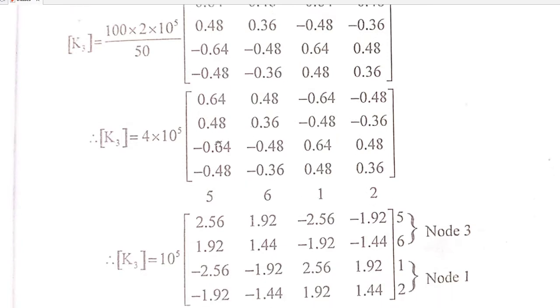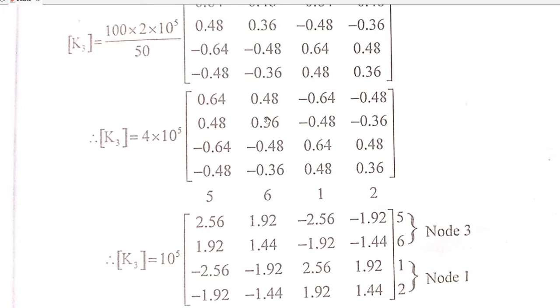Check K3, you have to get it like this. See, I told you, you need not calculate the whole matrix. Only calculate half, either the elements above the diagonal or below the diagonal.